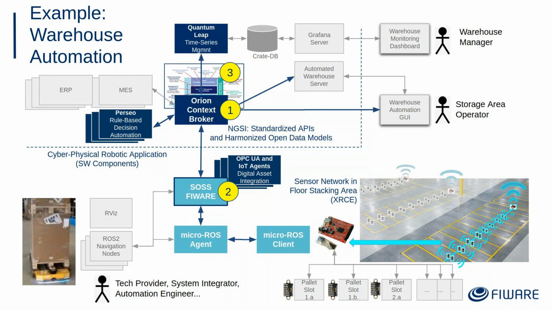And this slide aims also to capture that in the end, you are not forced to use everything in FIWARE or to build everything in a standardized way. You can use your legacy system. For instance, I'm showcasing here the enterprise resource planning system, or the manufacturing execution system, or a very specific platform for application automation.